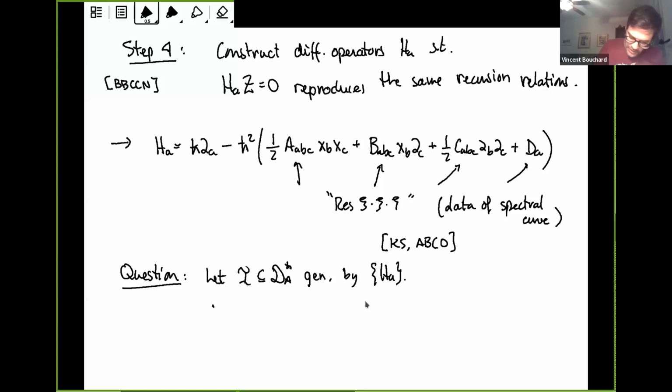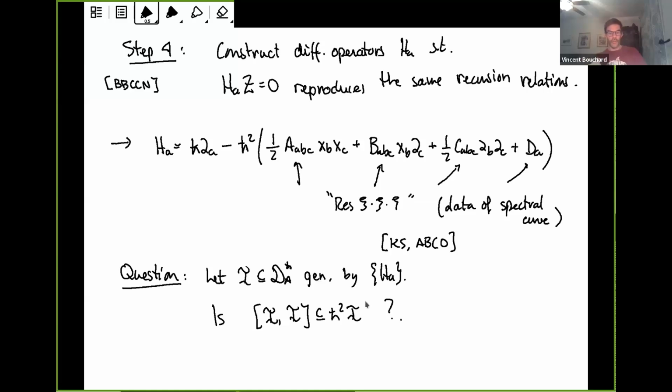The question is, does this ideal satisfy this condition? This is the key condition. I mean, the operators have the right form. That's clear. That follows directly from the form of the loop equations if you do the calculation. But do they satisfy this condition? That's a very non-trivial question.